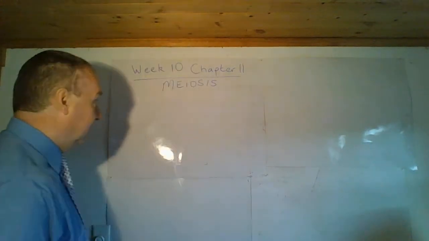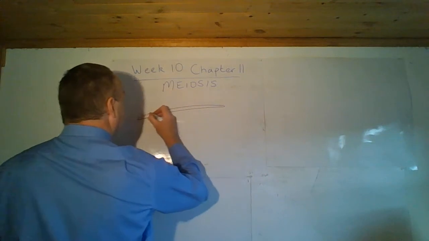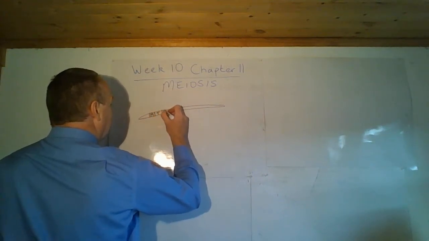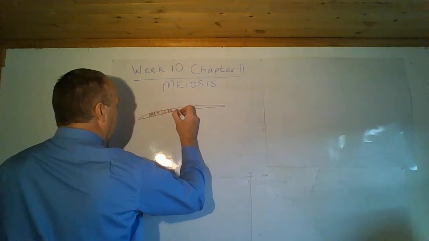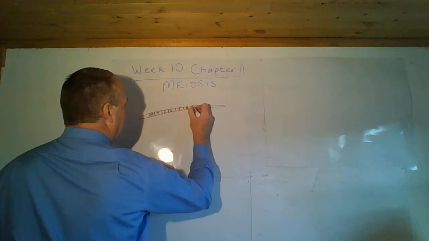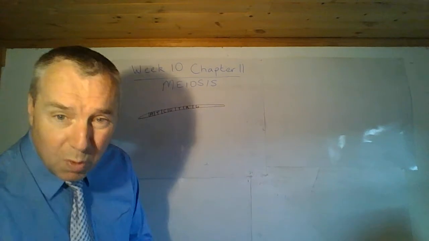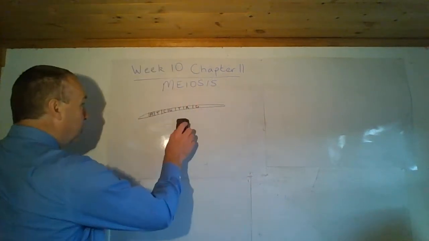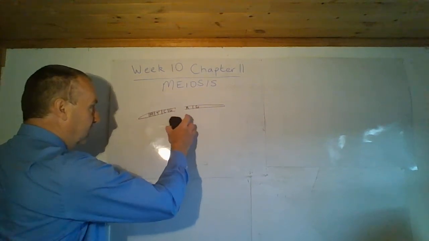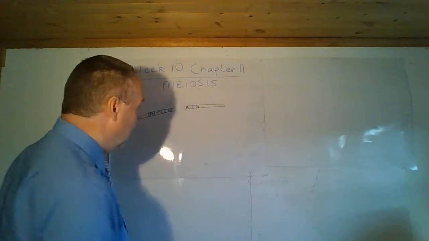So let's say we have a set of genes here, and we have A, T, C, G, T, A, G, and if we remove one of those, that's called a point mutation. So then you end up with those two getting together, and you have CAG instead of what you had before.